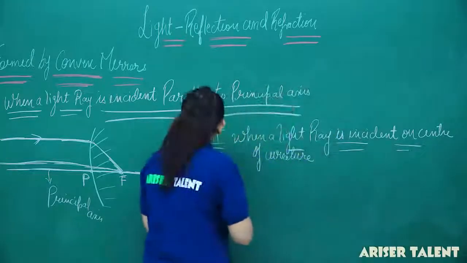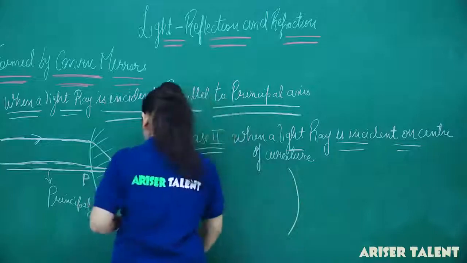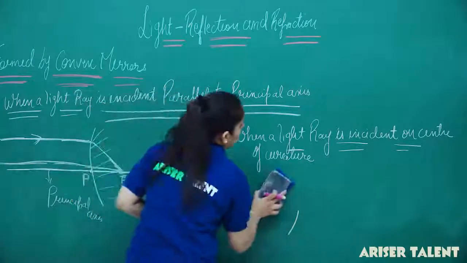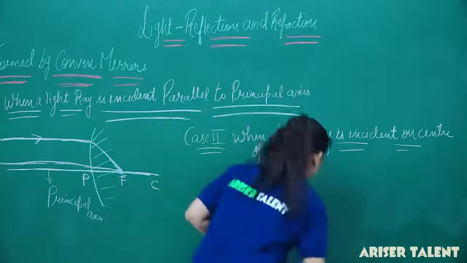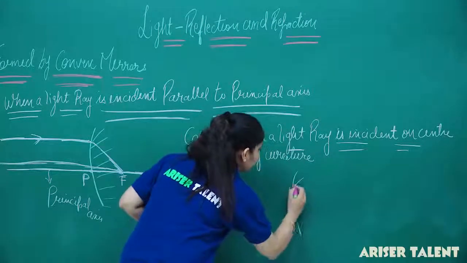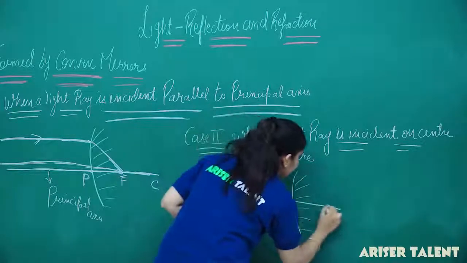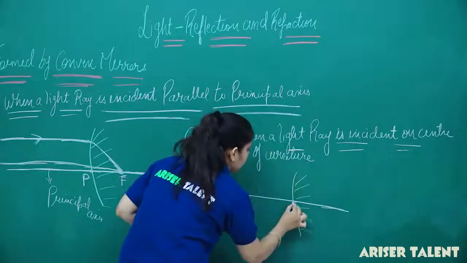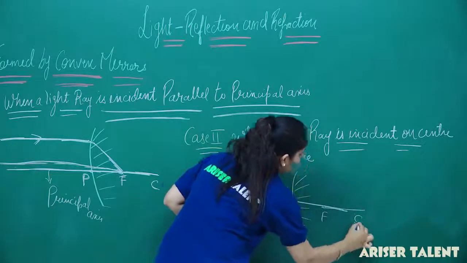So, again we have to draw the convex mirror. This is our convex mirror. This is our principal axis. This is the pole, focus and center of curvature.